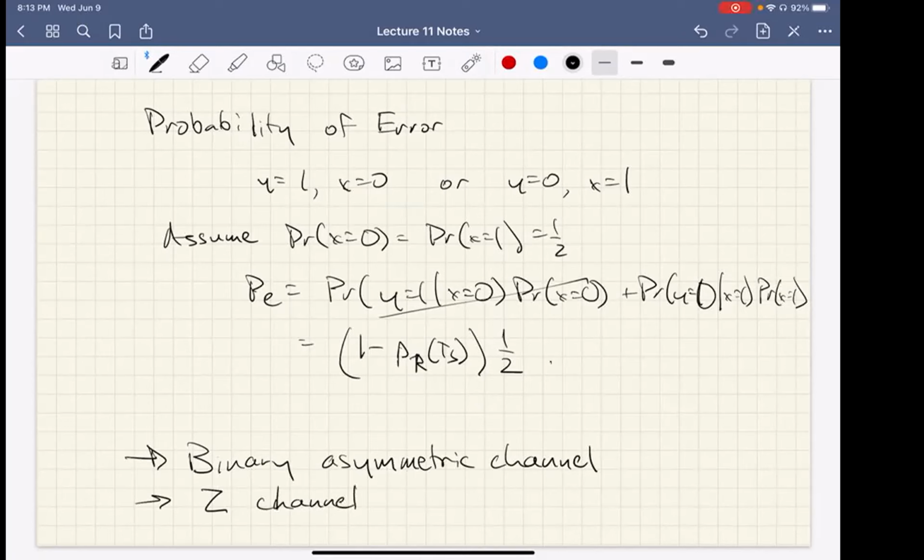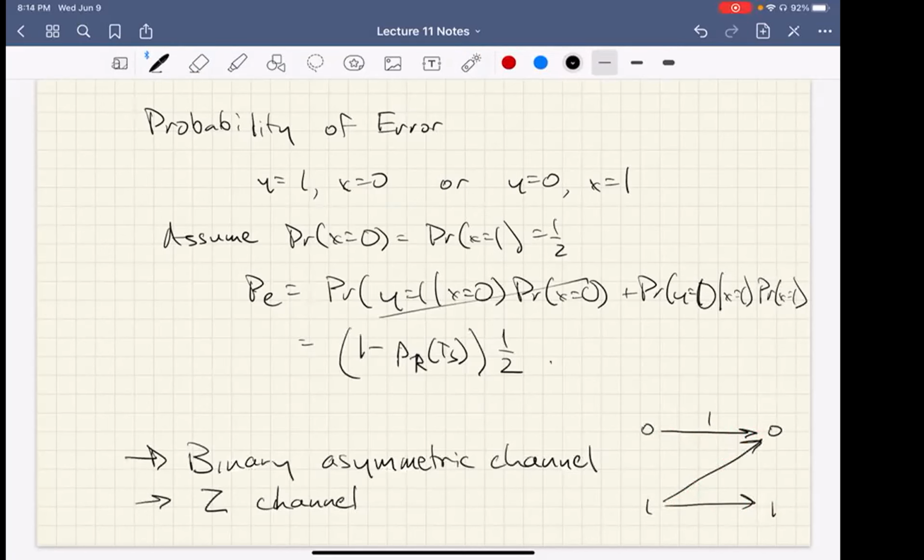So the Z channel looks like this: input 0, input 1, output 0, output 1. If you input a 0, you can only get a 0, probability 1. If you input a 1, you can get either a 1 or a 0. So you can see why it's called a Z channel.